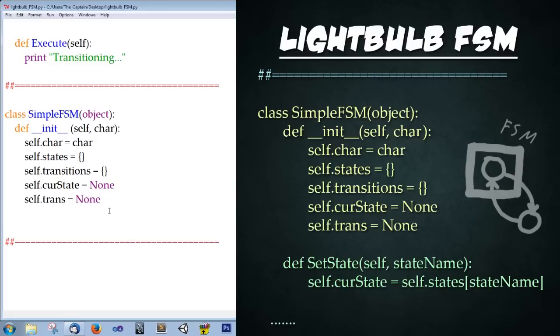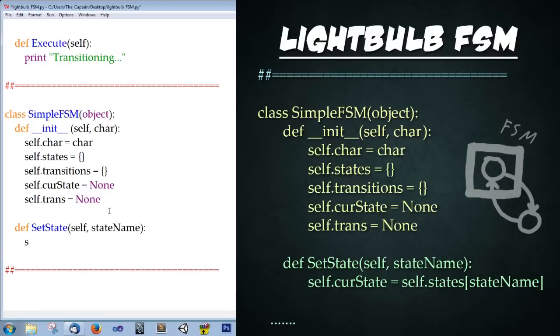Next, we're going to go ahead and create another function called setState. So type def setState, and in the arguments you're going to have self and stateName, and down below type self.curState is equal to self.states, open brackets, stateName, close brackets.